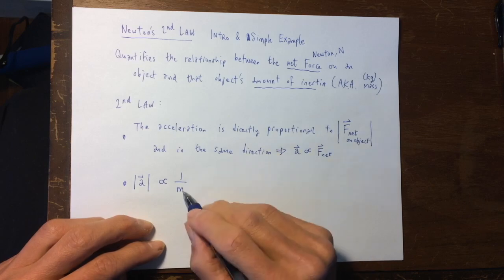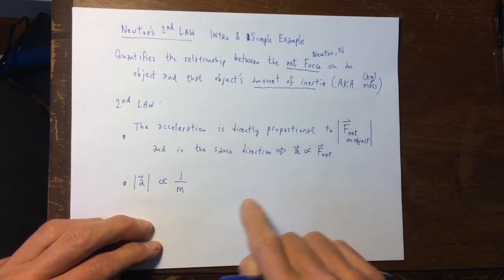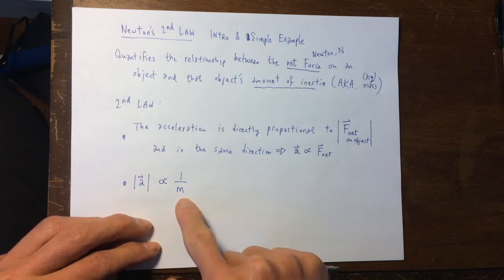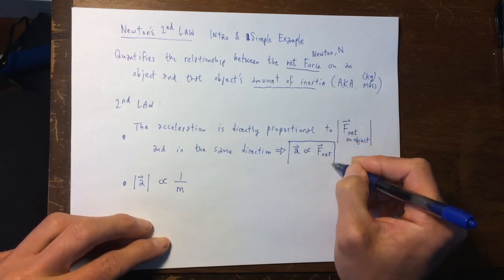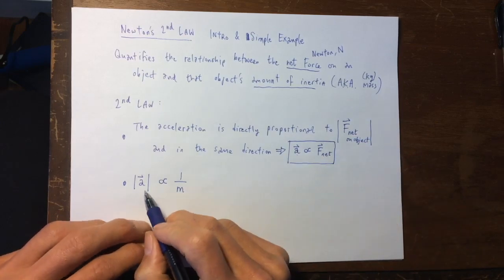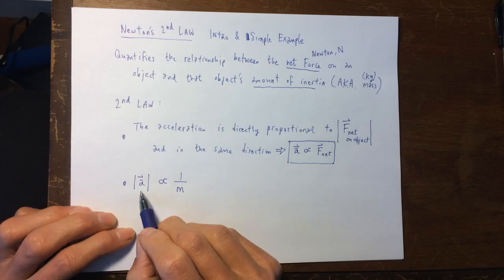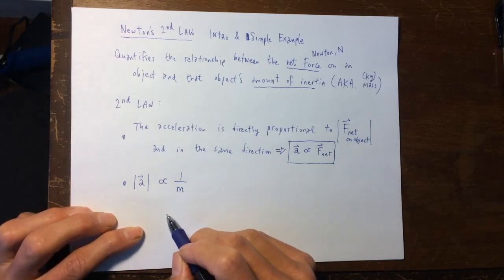These two rules, you can see that I could have written this out with language, but it's quite fast to just do it in symbols. Here is one relationship between acceleration and net force. Here is another relationship between the magnitude of the acceleration and the inverse of the mass of the object.